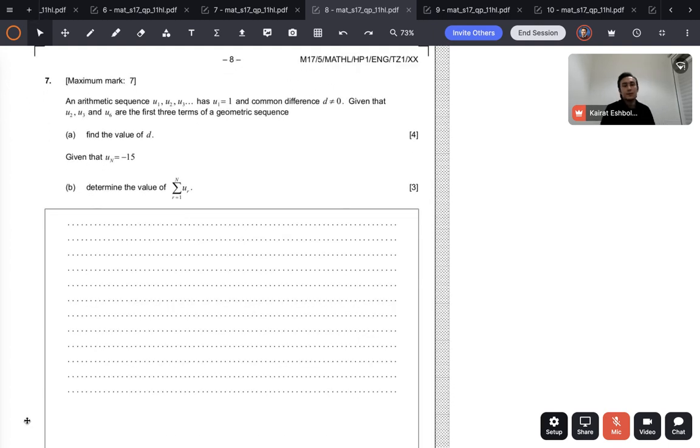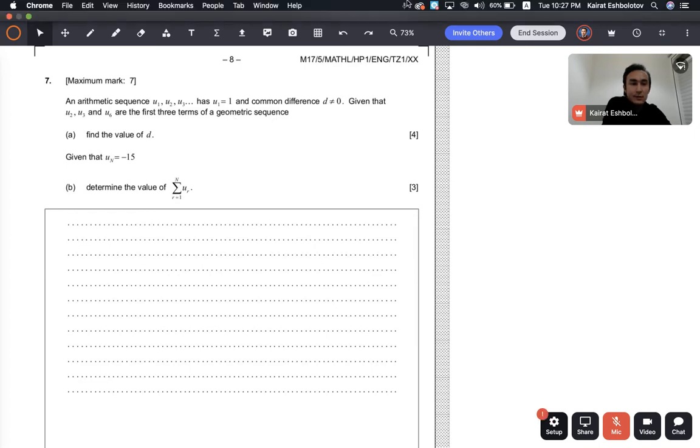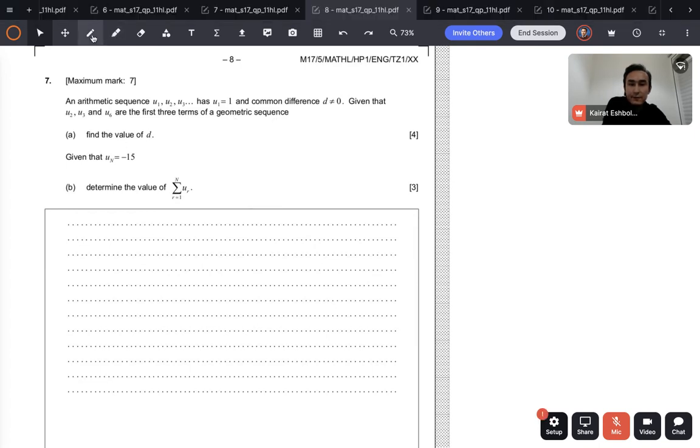All right, so question 7. An arithmetic sequence u1, u2, u3 has u1 equal to 1, common difference d not equal to 0. Given that u1, u2, u6 are the first 3 terms of a geometric sequence, find the value of d. Okay, so we have u1, they're saying it's 1.